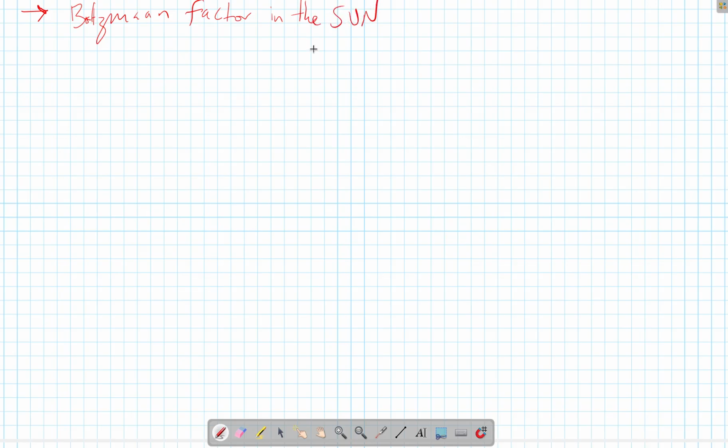The main message is that there is some sort of energy supply within the sun, some sort of reaction happening inside the sun.